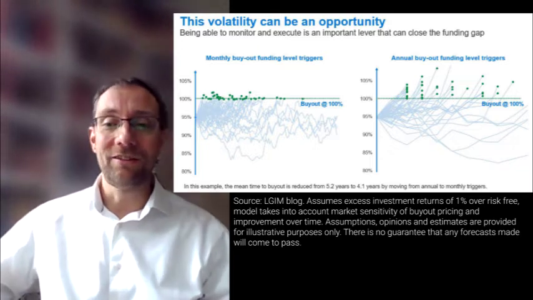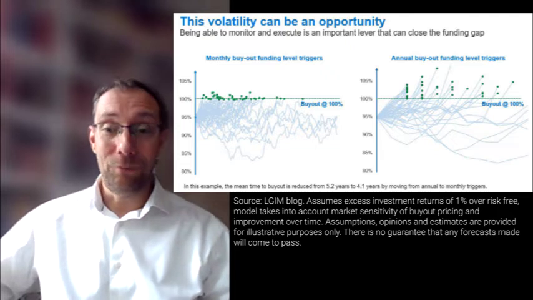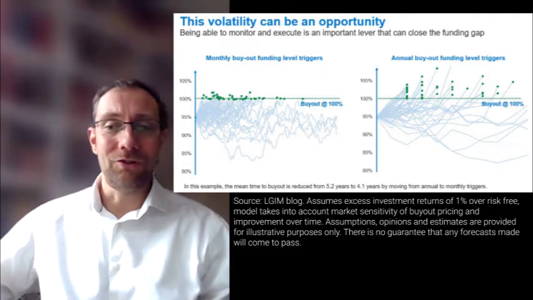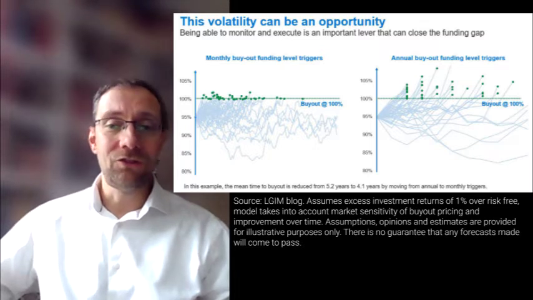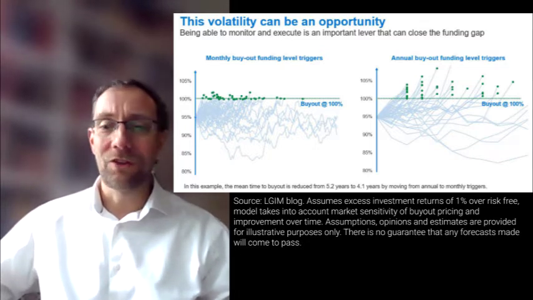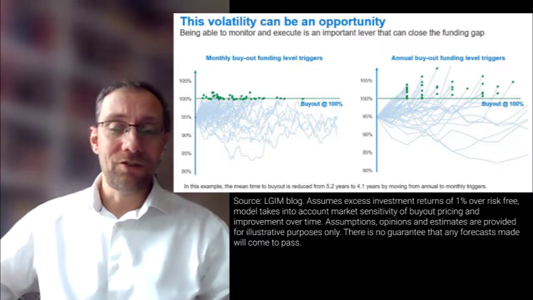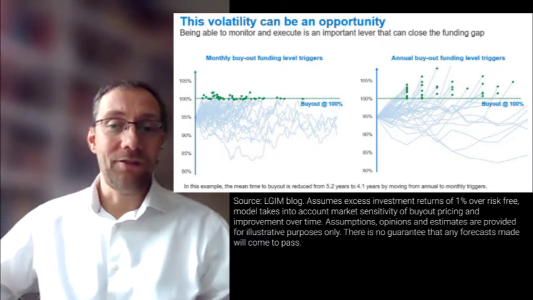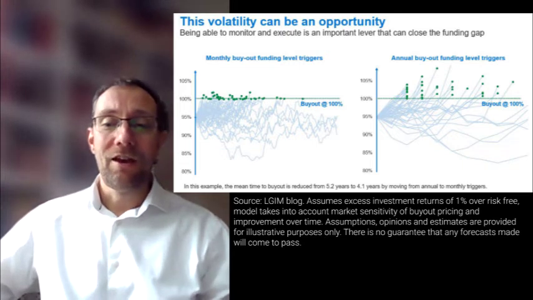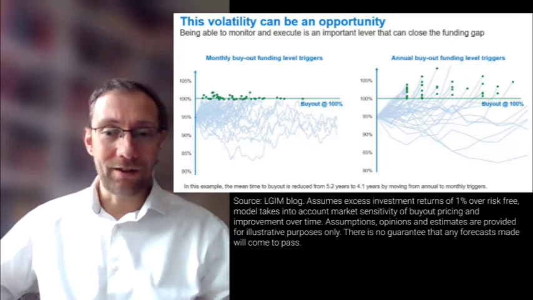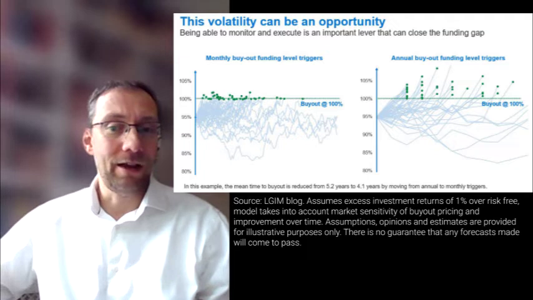And so what we can see is a range of outcomes. And we can see volatility quite clearly on this chart, that the funding level is moving around quite significantly. And it brings us to two quite important conclusions. So the first one is that for those pension schemes that are almost there at their end game of buyout, let's say a few years away, the single fact of having that volatility can be the most important factor to drive whether or not you can achieve buyout.